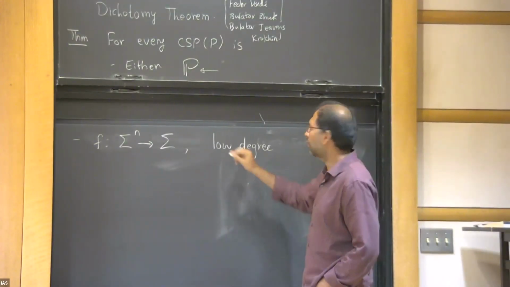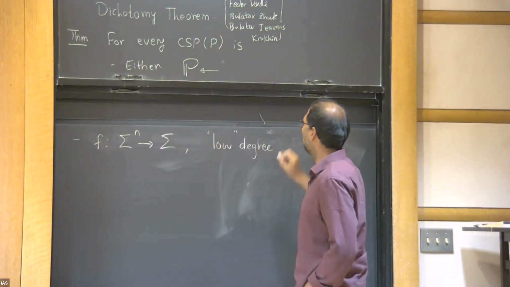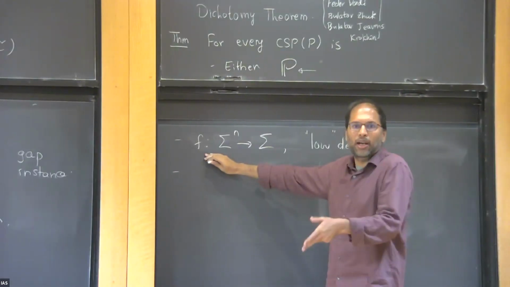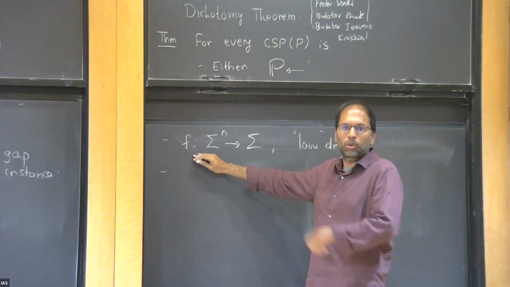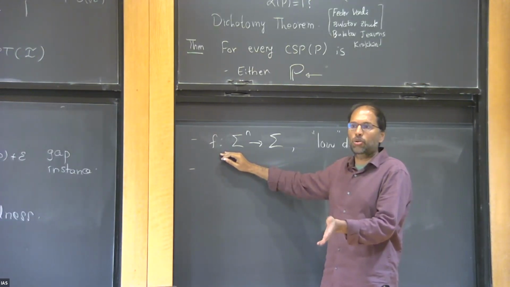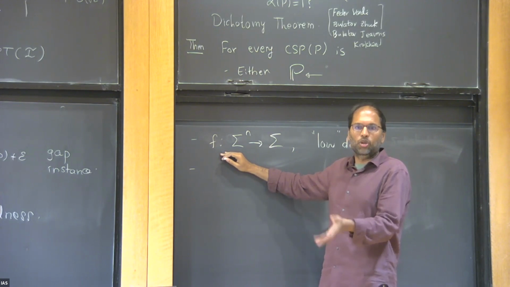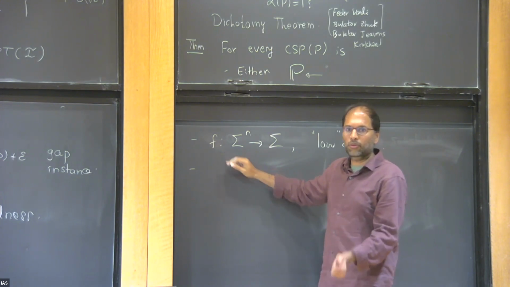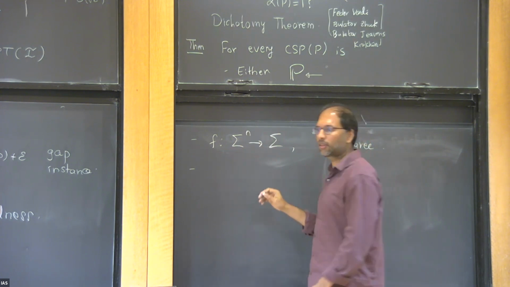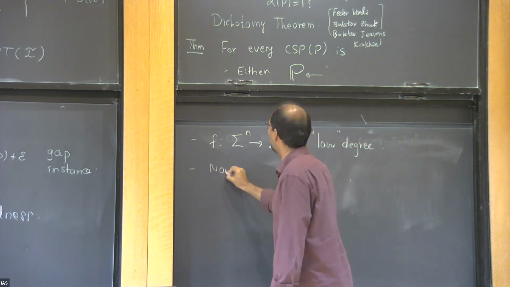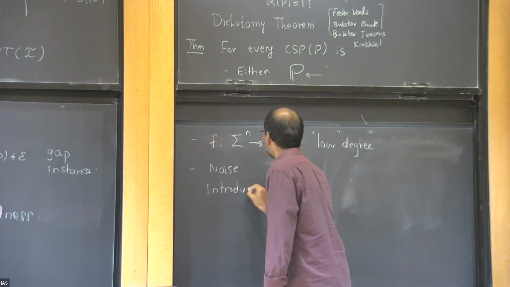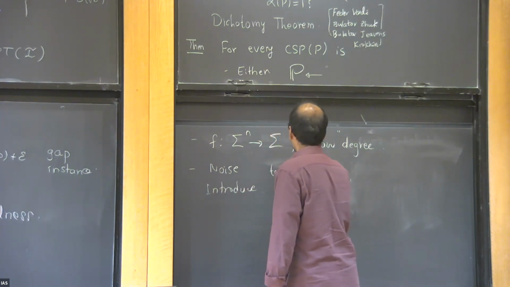Okay, for some definition of low. So if the function f had a high degree part to begin with, you somehow need to get rid of it. And Raghavendra manages to do that just by introducing noise. Because we roughly know, right? Noise kills the high degree part. That's some sort of meta statement. So introduce noise to kill the high degree part of f.